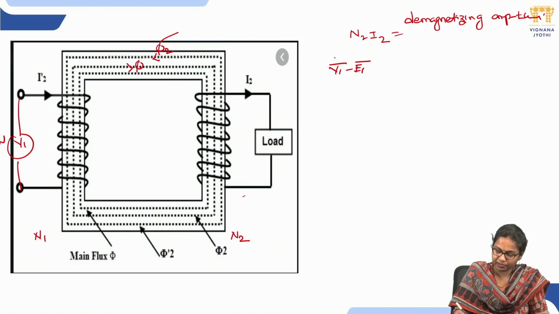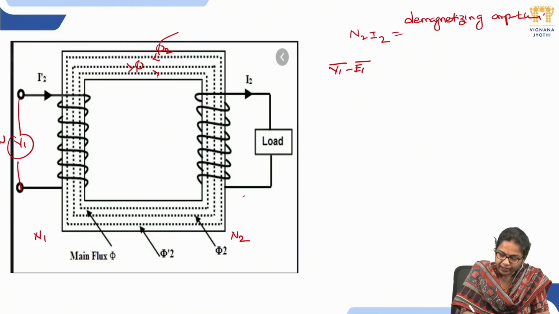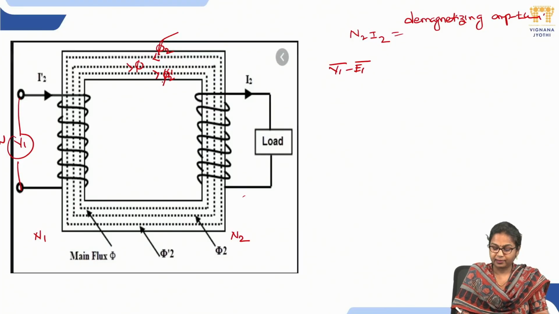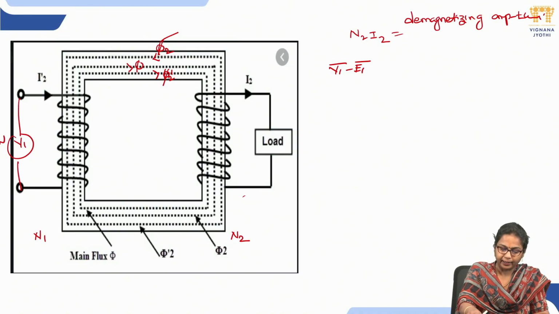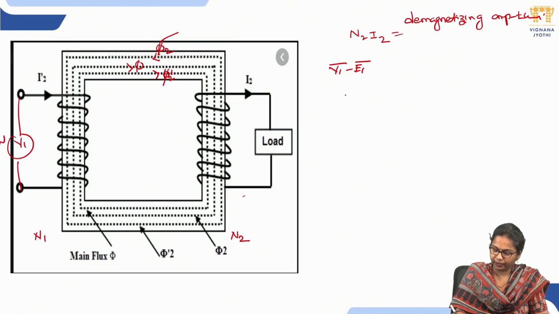It establishes a flux in such a direction that opposes the secondary produced flux. Because of this, we can also say that the transformer is a constant flux machine.